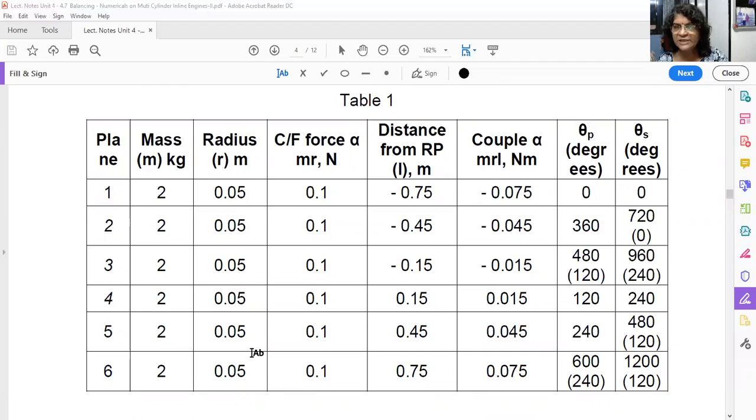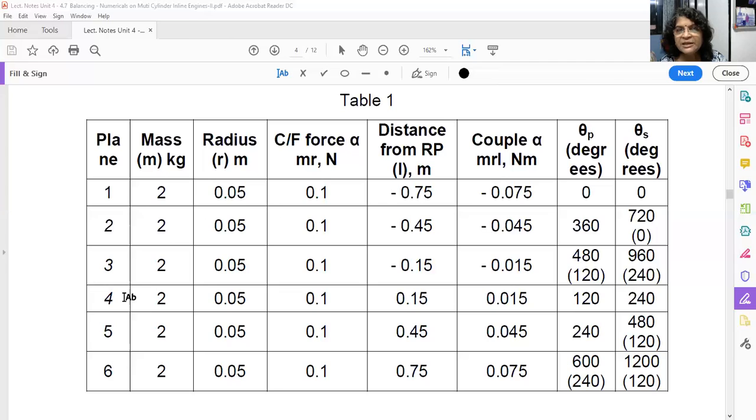So that is also same. Then centrifugal force, naturally it will also be same. So it is proportional to m into r. So this column will give you centrifugal force. Okay, so that is 0.1 for all 6 cylinders. Okay, now here in this column you have to write down distance of each plane from the reference plane. Where is your reference plane?